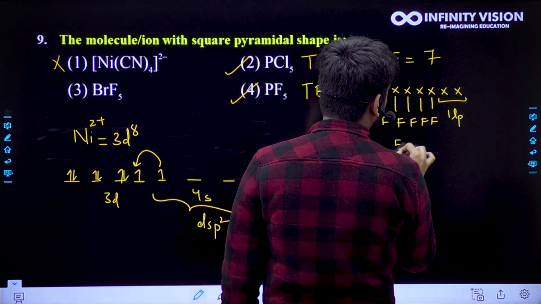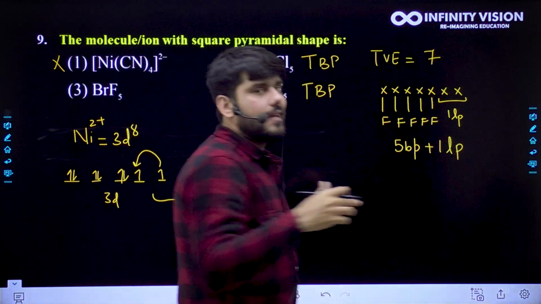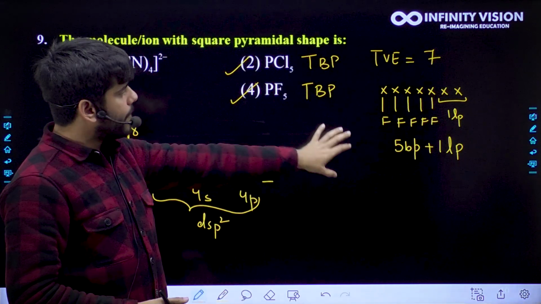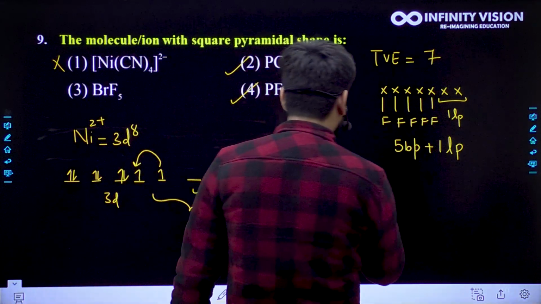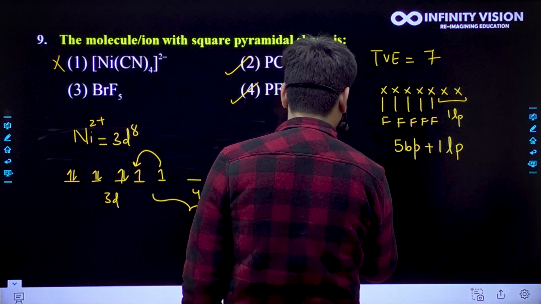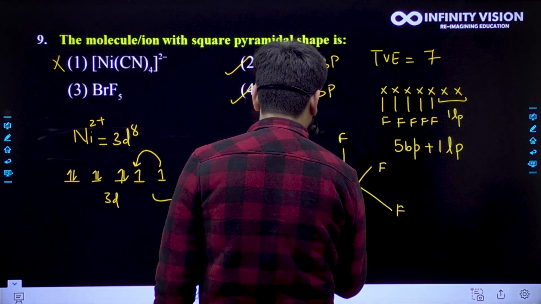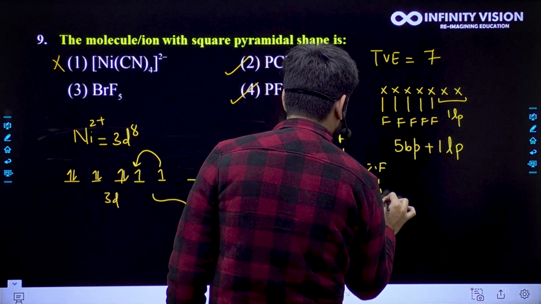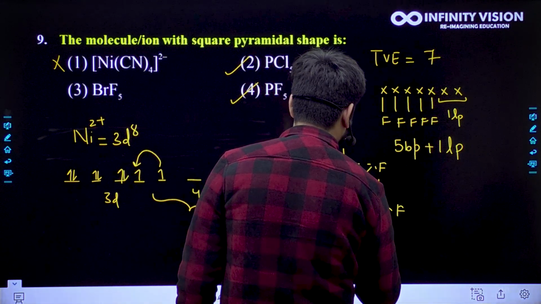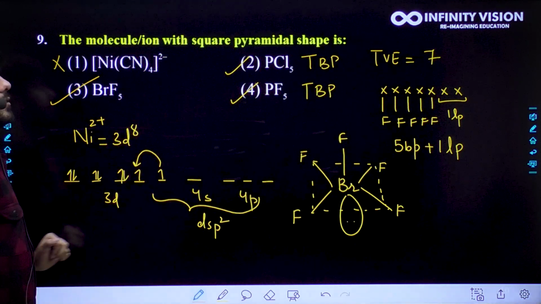So basically there are 5 bond pairs and 1 lone pair, the steric number being 6. So the electron geometry is octahedral, but the molecular geometry is square pyramidal. The shape is like this, with 1 lone pair. So this is the square pyramidal geometry. So BrF5 is the right answer to this question.